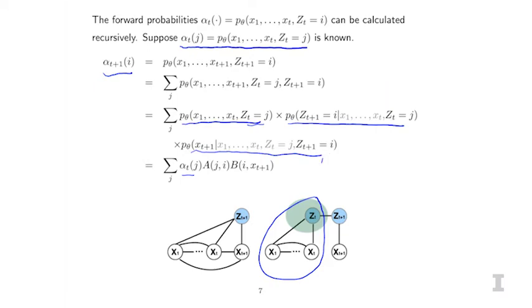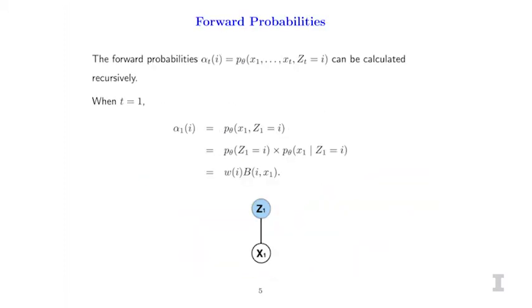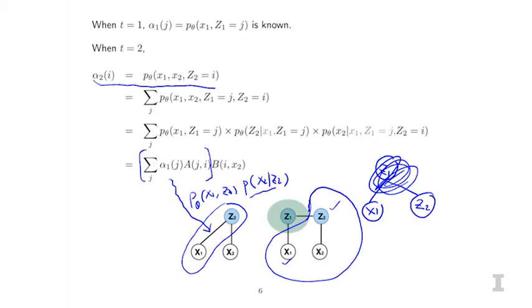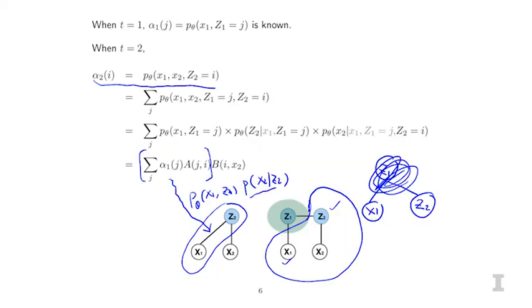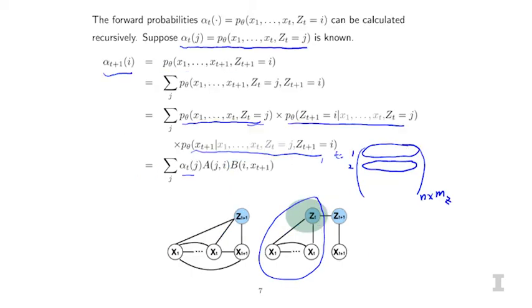You can think of alpha basically as a matrix with n times the number of hidden states for z. So we first calculate the entries for when t is equal to 1, which is this step. And then we compute t equal to 2, which is this step, where when we do this computation, we have to use the calculation of alpha from the first row.